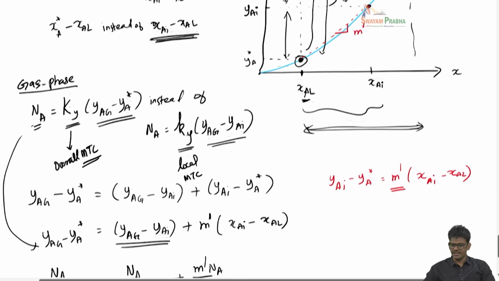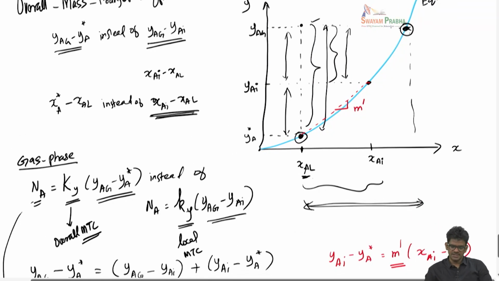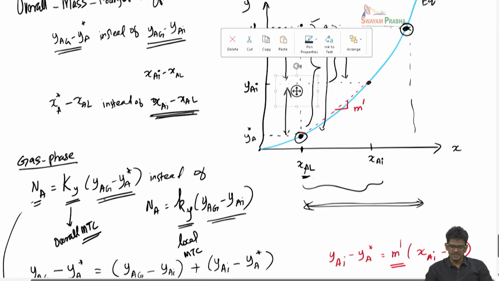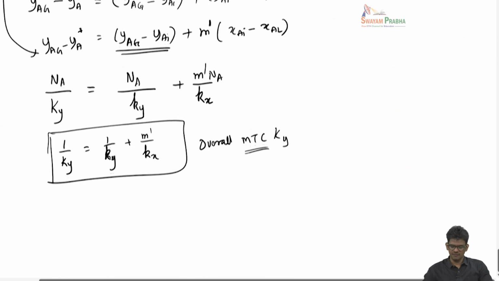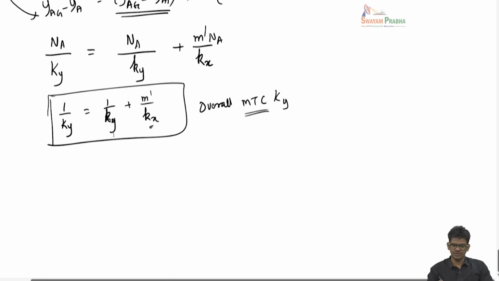So going back here, if I want to write the mass transfer rate as the concentration difference YAG minus YA star, this entire concentration difference, then I have to use an overall mass transfer coefficient KY, which is basically a function of the two local coefficients.